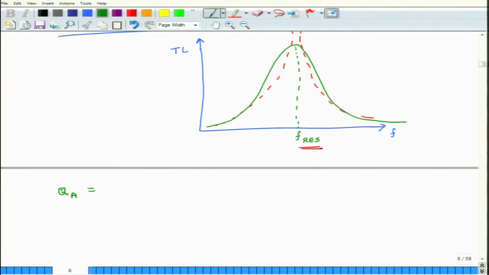That if the quality factor is large, then the peak is not sharp, and if the quality factor is small, then the peak is sharp, okay.